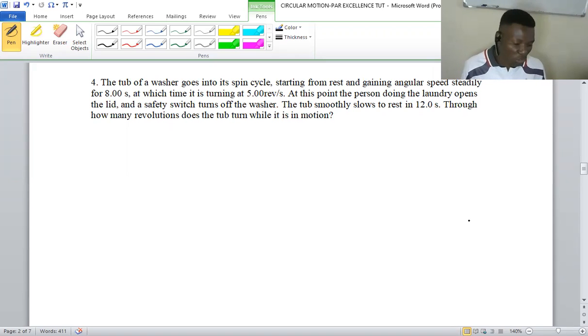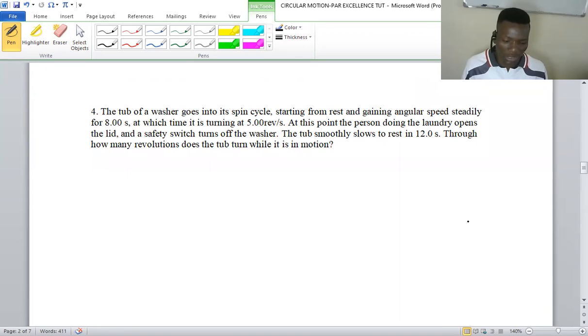Okay, so this question says the tub of a washer goes into its spin cycle, starting from rest and gaining angular speed steadily for 8 seconds, at which time it is running at 5 rev per second.